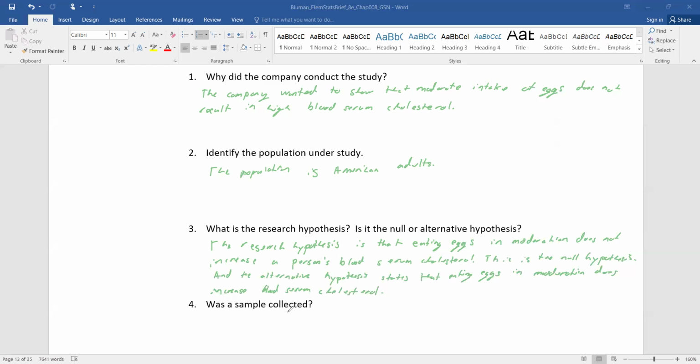So number 4 then says, was a sample collected? Now, in this one here, the article does not state how the participants were selected, only that the group was separated randomly into those eating eggs in moderation and those not eating eggs. So that's all that we're really told.